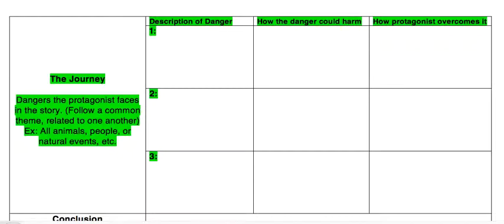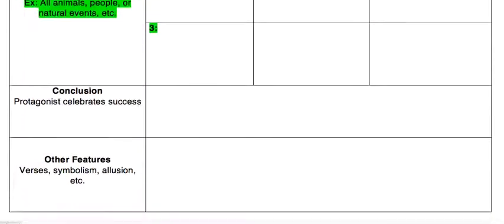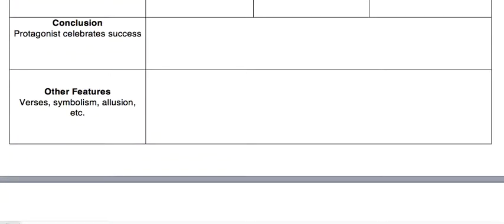So again, you're describing the danger, you're talking about how that danger could be harmful, and then you're talking finally about how the protagonist overcomes the danger. Once your protagonist has overcome the third danger, that unlocks the item that they need for the fulfillment of their selfless quest.